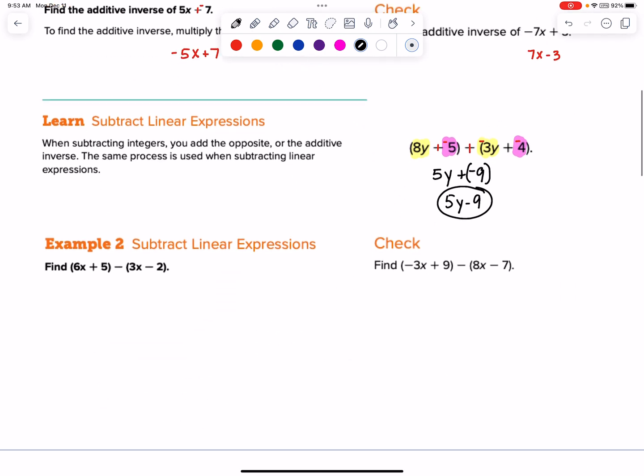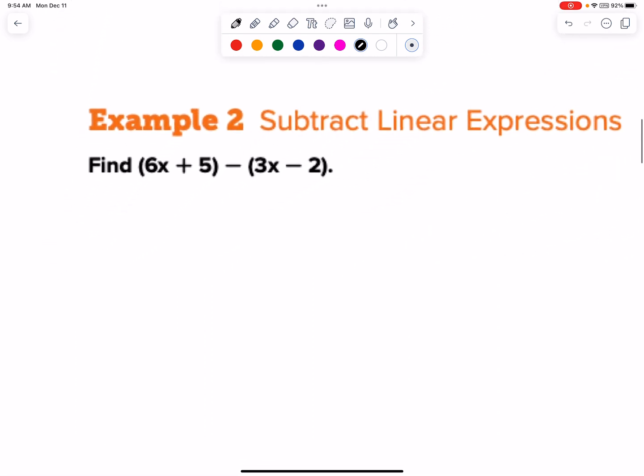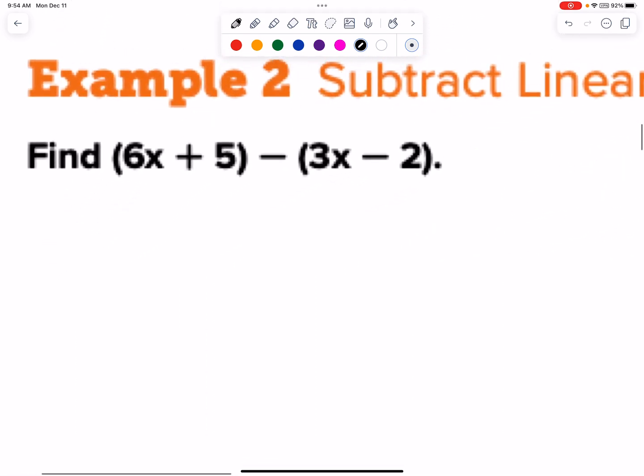All right, let's go ahead and do example 2 here. You can see we don't have addition throughout, so we need to do some KFCing. I'd recommend you start here, and we're adding the opposite, so we need to change both of these to the opposite.